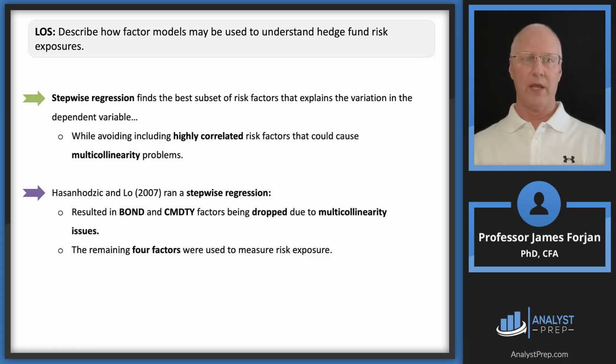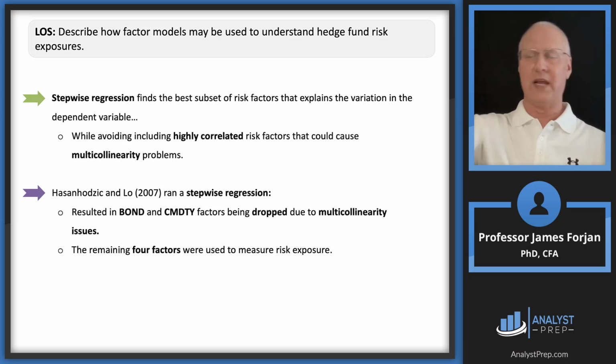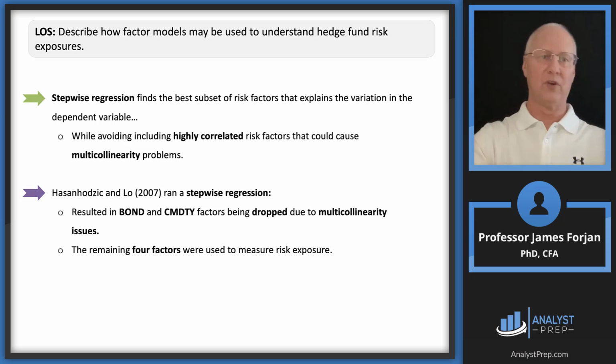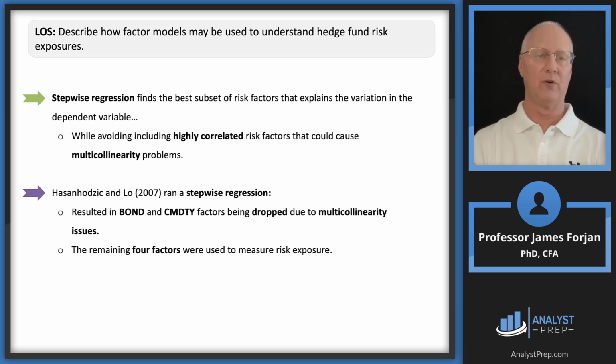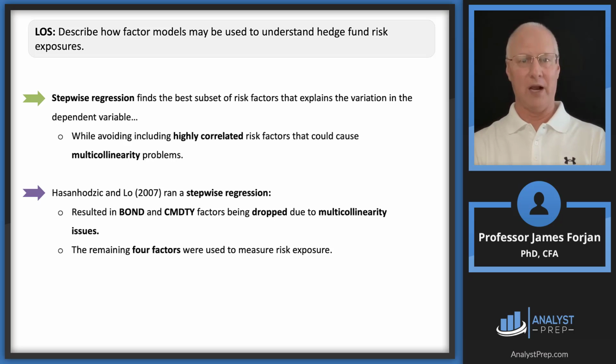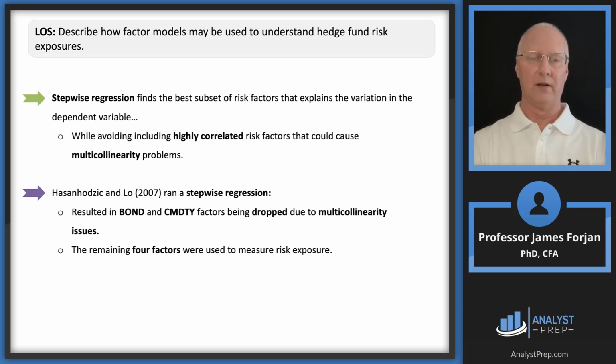All right, how can we use these factor models? Well, we can use stepwise regression. Remember what stepwise means; it's named exactly what it says. You run some regressions, then you make a decision, and then you run some more regressions until you get to something that you like. We try to avoid including highly correlated risk factors because of multicollinearity.